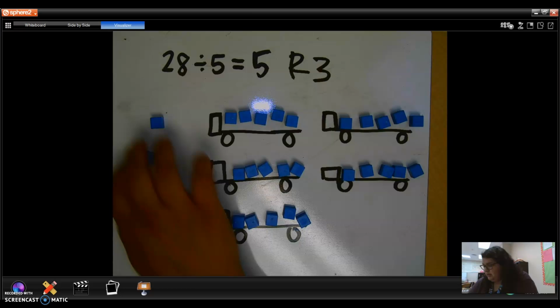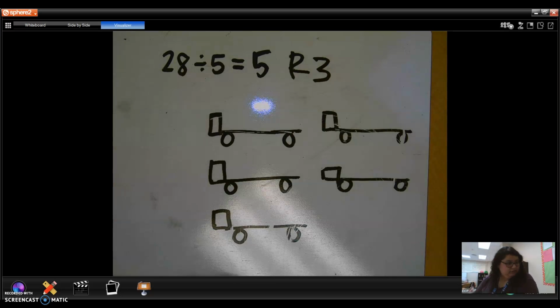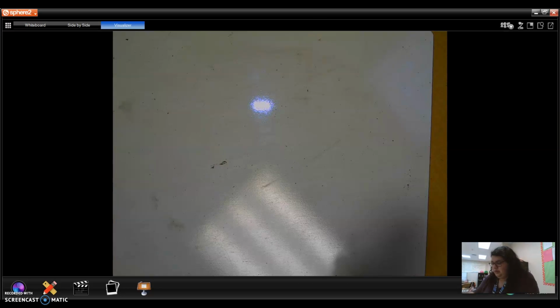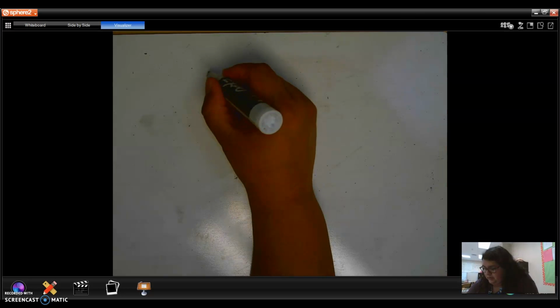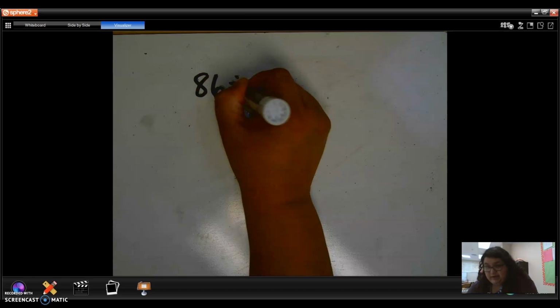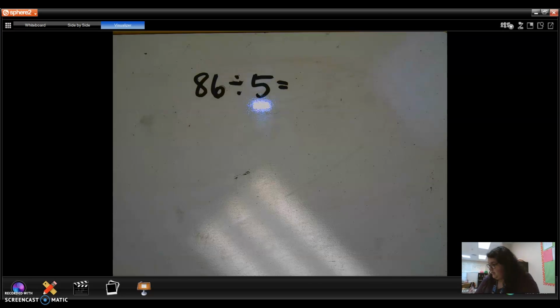Now, if I were to do this, say for example, something like 86 divided by 5 again. Our divisor is 5, so that means I need 5 trucks.